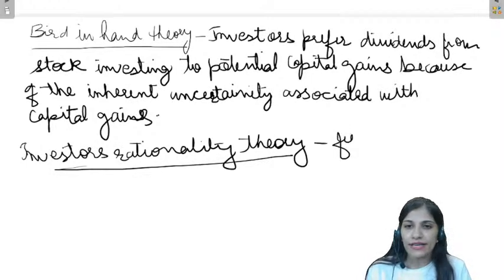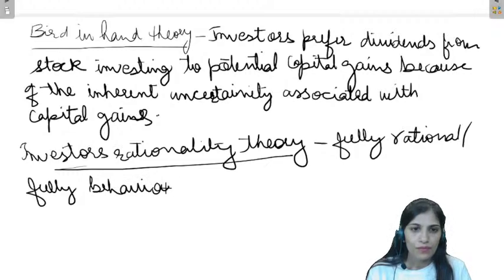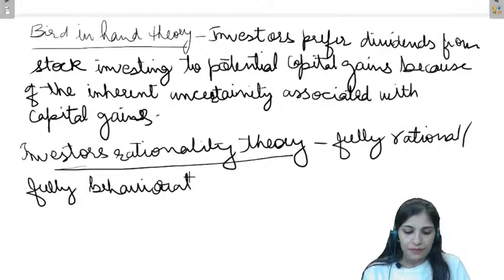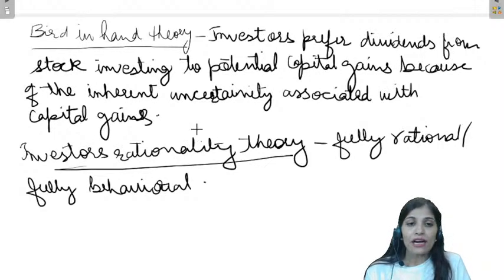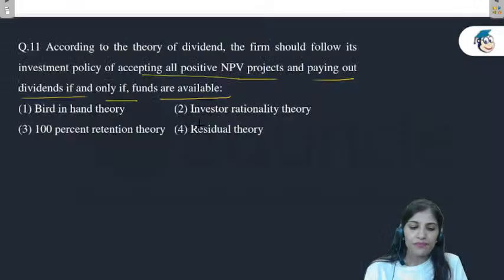When investor is fully rational or fully behavioral. But what do we understand by this? See, rationality is about the choice, like what type of investment or what type of projects an investor wants to choose. Correct?